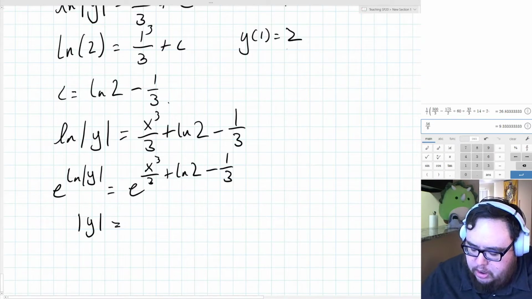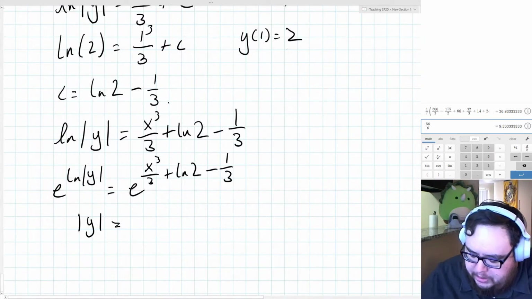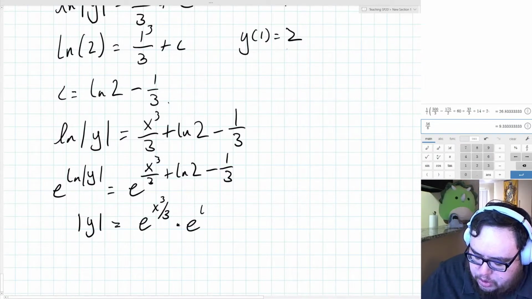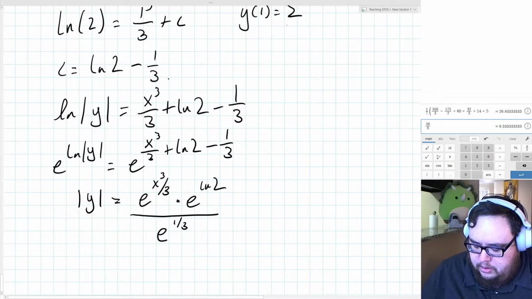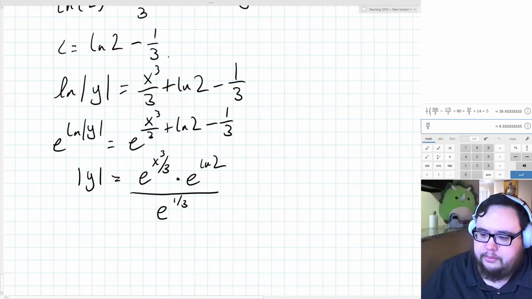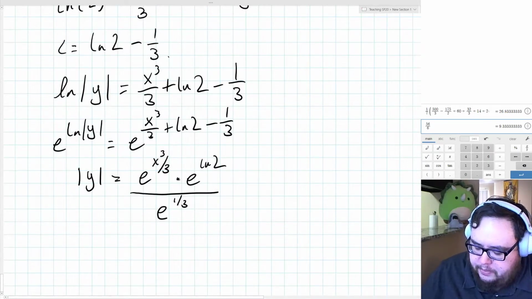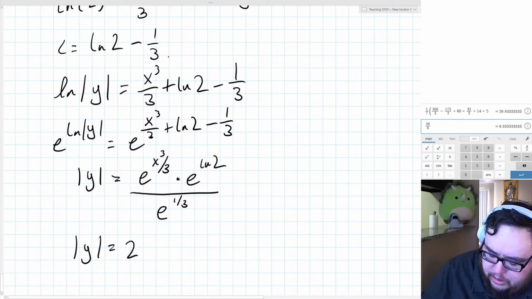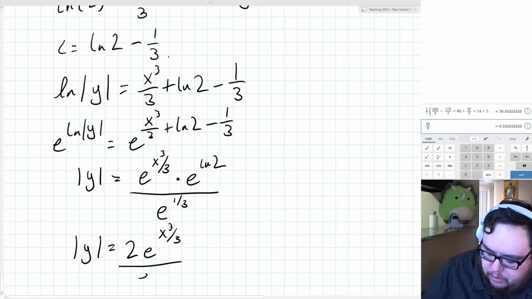And over here, we can simplify this a little bit. That's e to the x cubed over 3 times e to the ln of 2, divided by e to the 1/3. e to the ln of 2 is just 2. So the absolute value of y is equal to 2e to the x cubed over 3 divided by e to the 1/3.